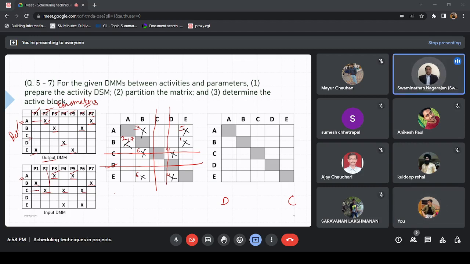No, all the rows and columns are non-empty in A, B, and E. So A, B, and E come somewhere here, and we don't know what is going to happen with these. So this becomes our active block that we have to take care of. D and C we know, and A, B, E we have to determine.